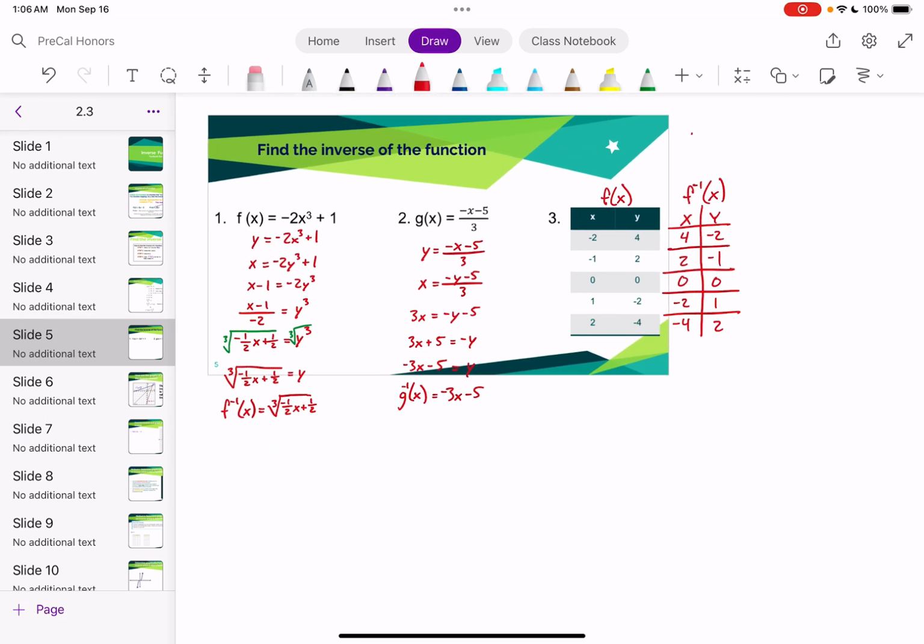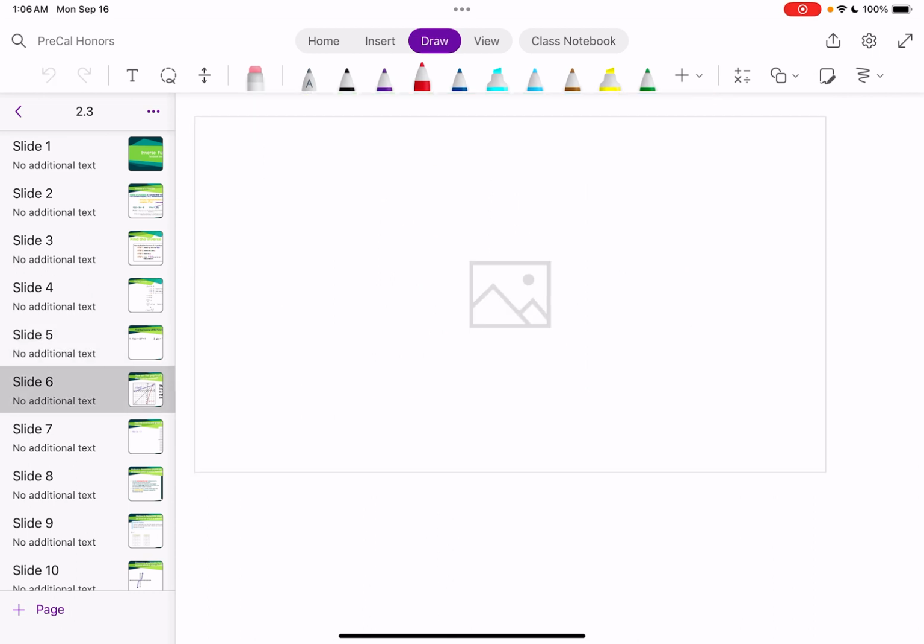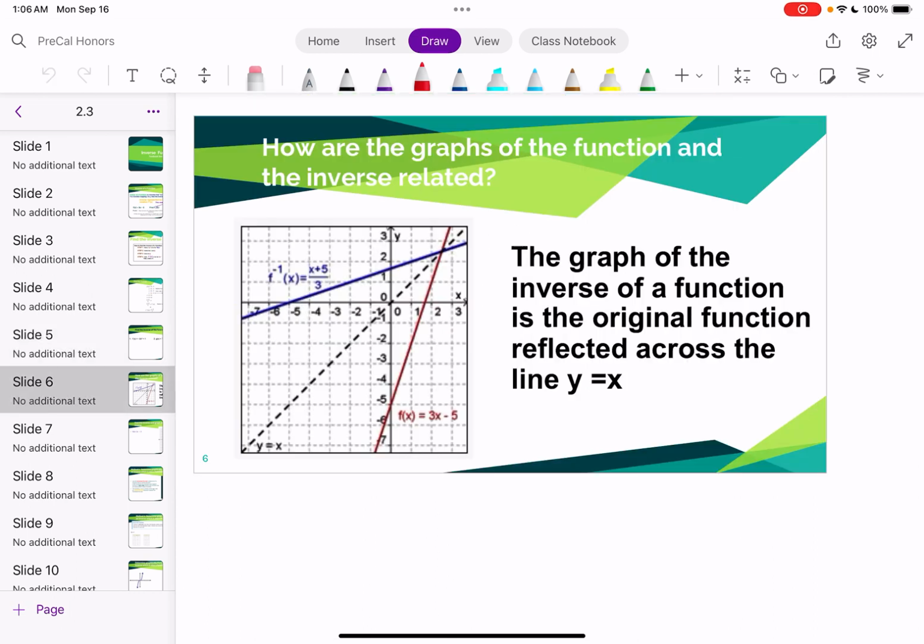Let's go ahead and take a look at slide 6. In slide 6, this is a visual representation of what a graph would look like if we were looking at the inverse of a function. Generally, this is the line that the inverse would follow, which is that y is equal to x. So everything will be in reflection of that line.